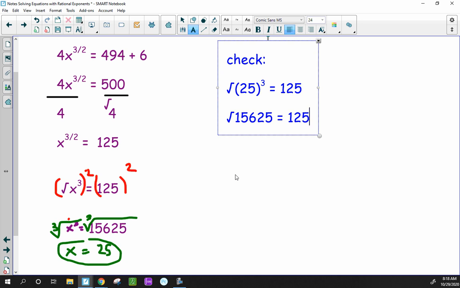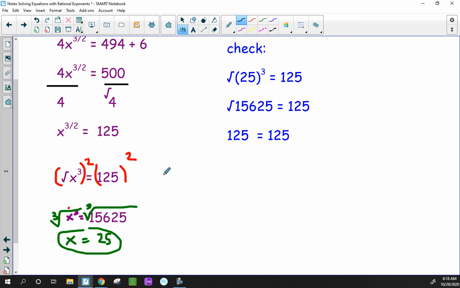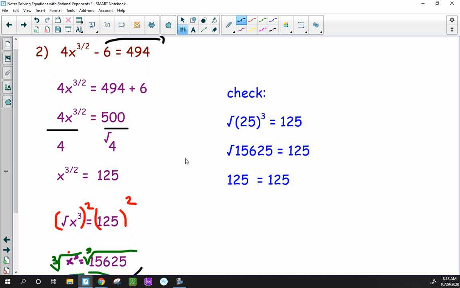And let's see. And it is. Alright, there we go. Okay, so the check works, and that is showing me that 25 is the solution.